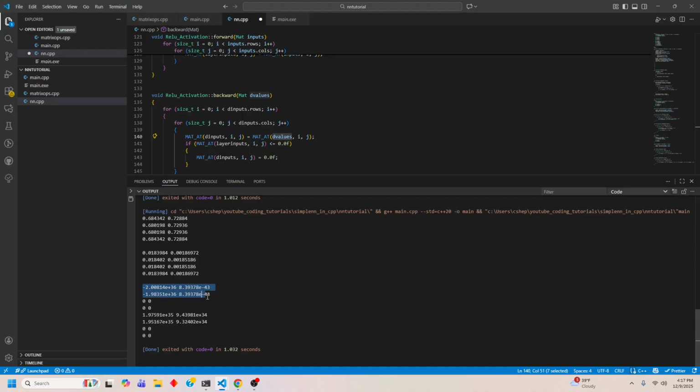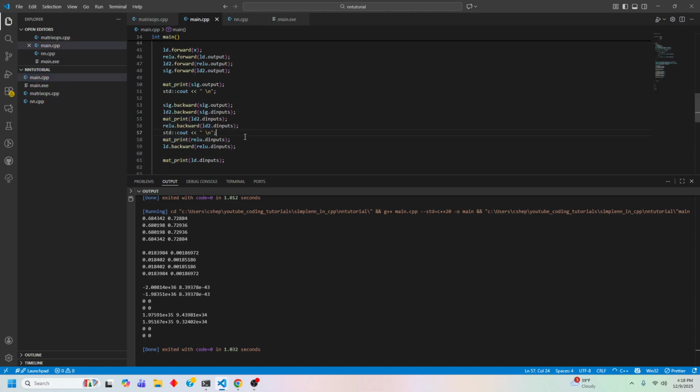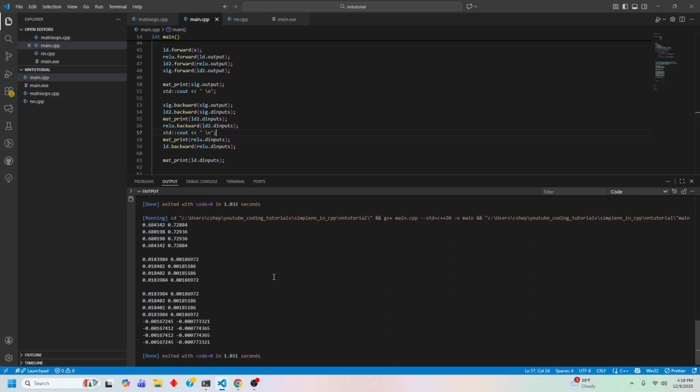These were just uninitialized values, is what was going on here. So d inputs equal to the d values, but if the inputs were less than or equal to 0, you zero them out. All right, let's try this again.